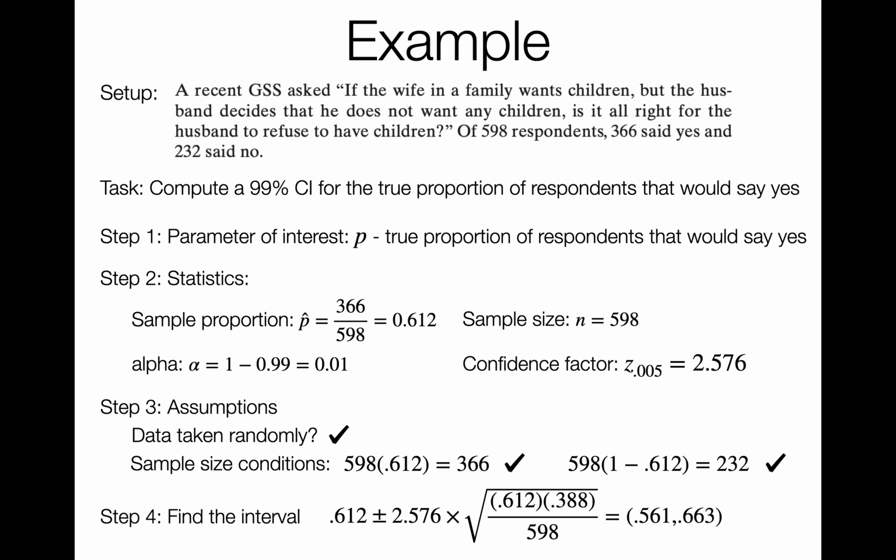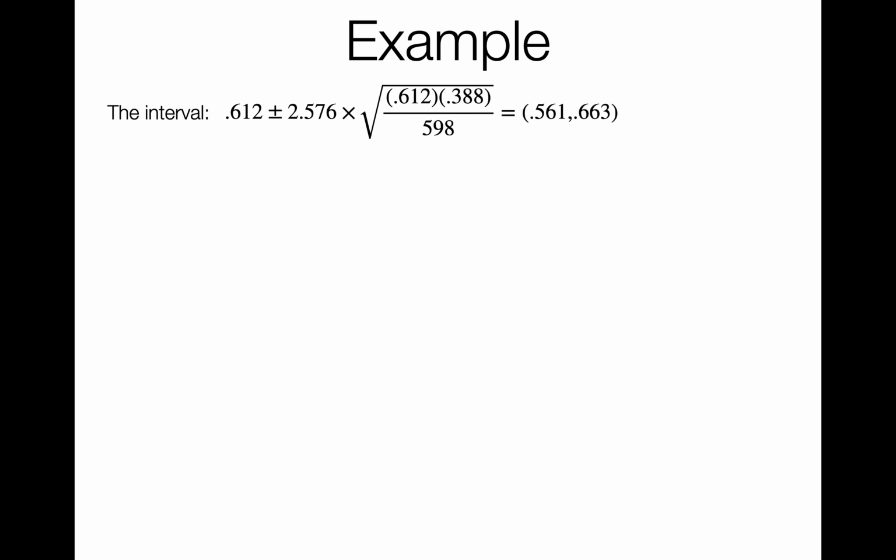When I do all of the calculations, I come out with two numbers which represent my endpoints, 0.561 to 0.663. So that's the interval. The last step, and the most important step in my mind, is the interpretation of the interval.